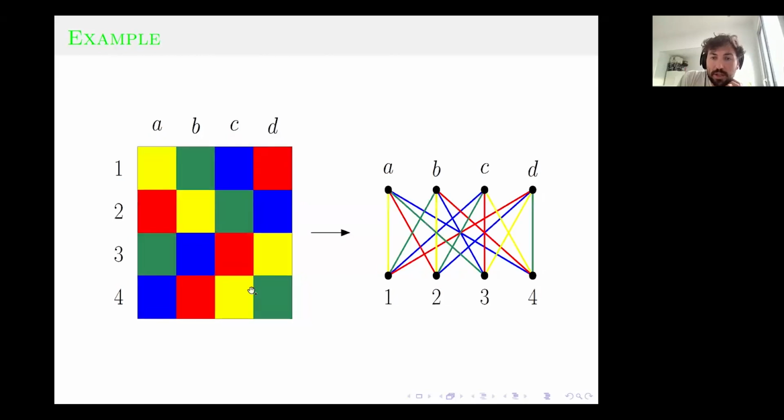You do this for all edges, you get a proper coloring of K_{n,n}. Proper precisely because every symbol appears in exactly one row and one column. And if you think about it, a transversal corresponds exactly to a rainbow matching. So a matching in which every edge gets a different color. Okay.